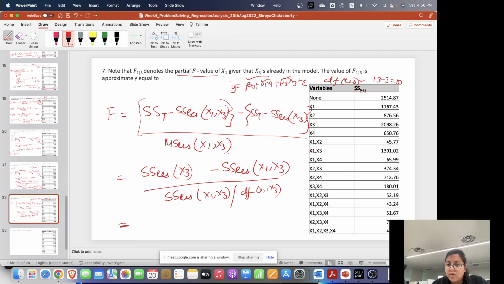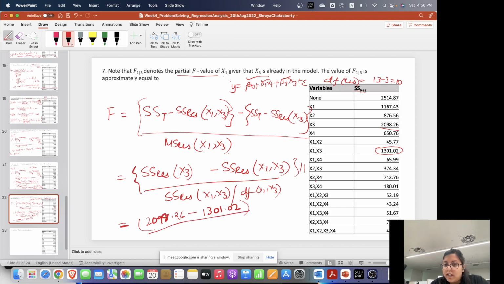So SS residuals due to x3 is this thing, 2098.26, minus due to x1 and x3, 1301.02. This is divided by 1, this was by 1, so it will remain as it is.